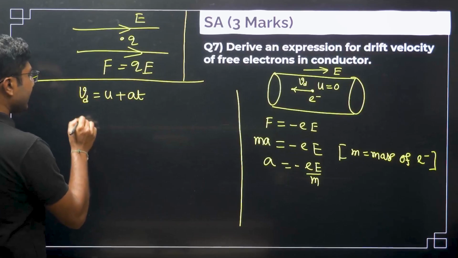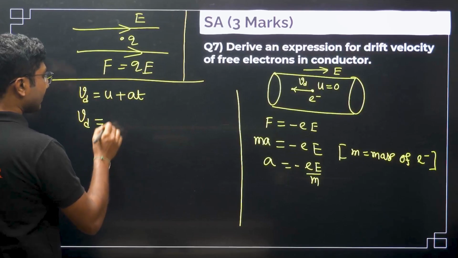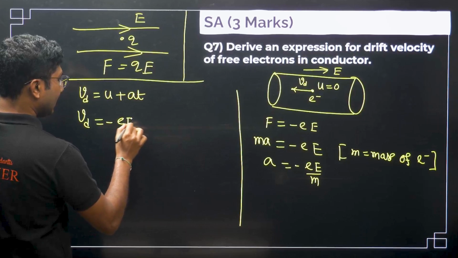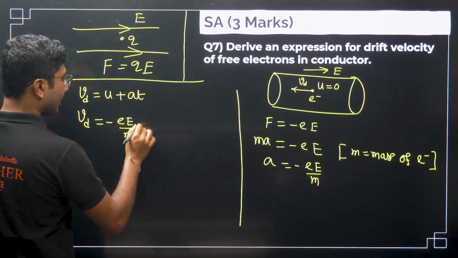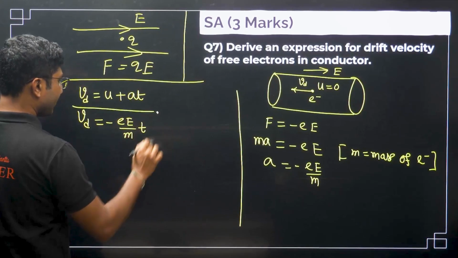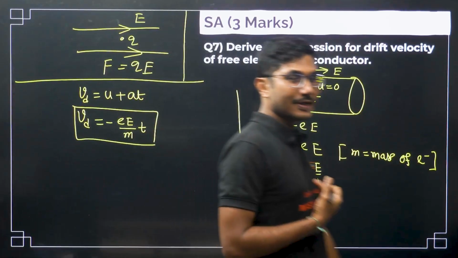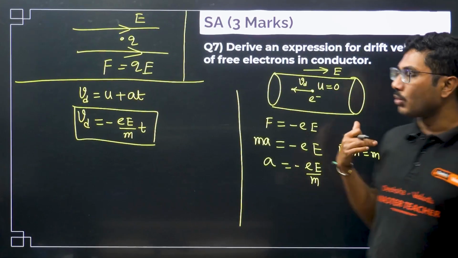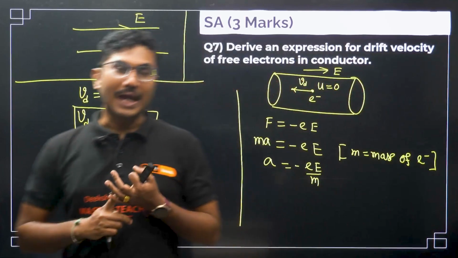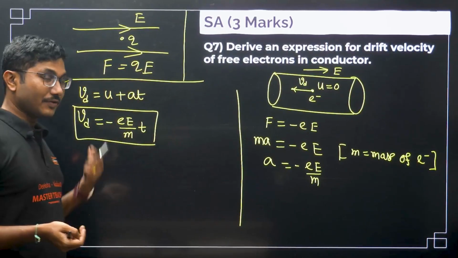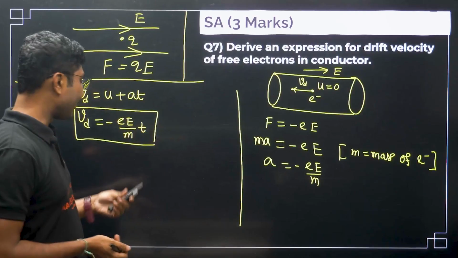So Vd is the drift velocity, that is equal to, with acceleration minus eE by m, into time t. So this is the expression for drift velocity. Simple derivation, not much difficult. The only thing you have to remember is the steps: calculate the force, calculate the acceleration, apply the first equation of motion, and then calculate the drift velocity.